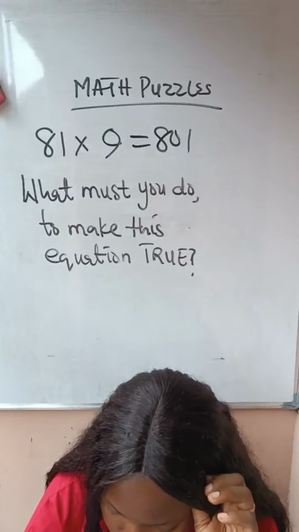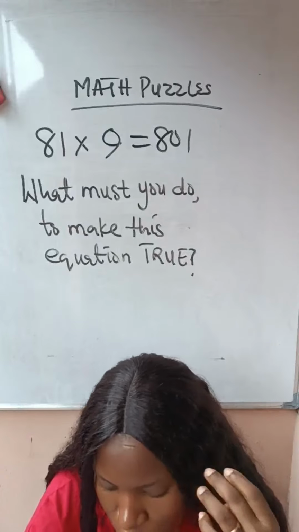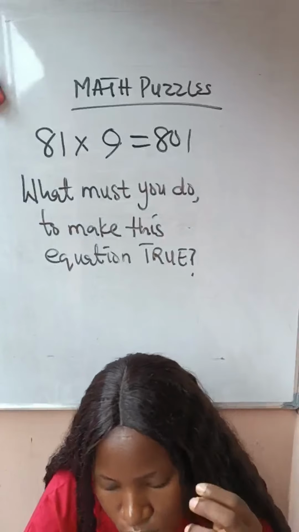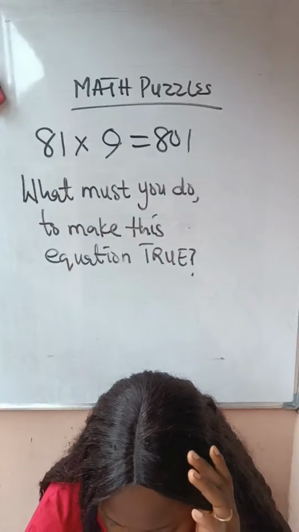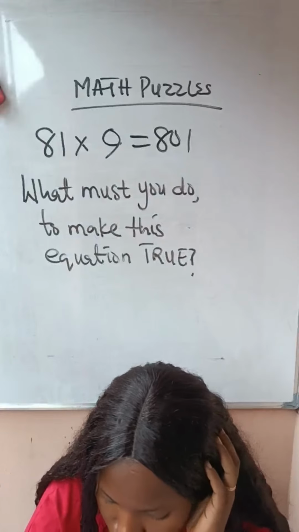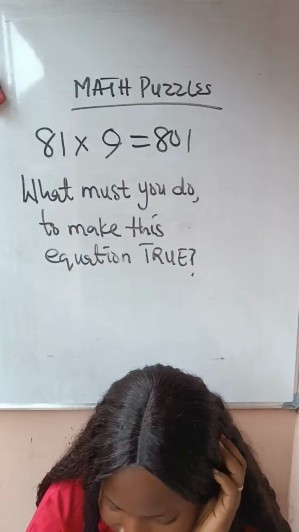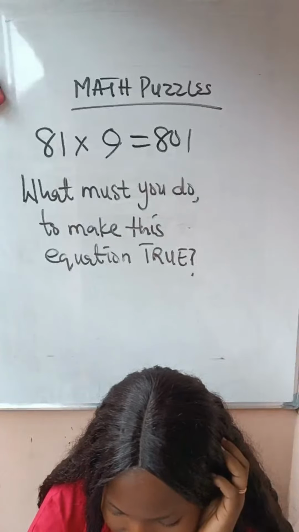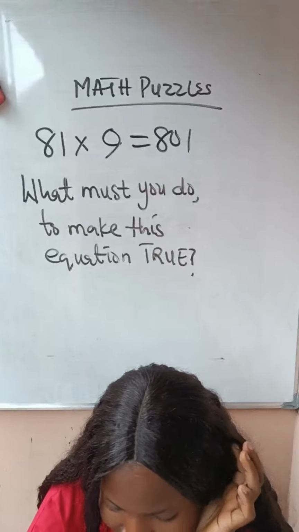What must you do to make this equation true? Is it a riddle or mathematical? What do you think? This one is saying 81 times 9 equals 801 minus 72.